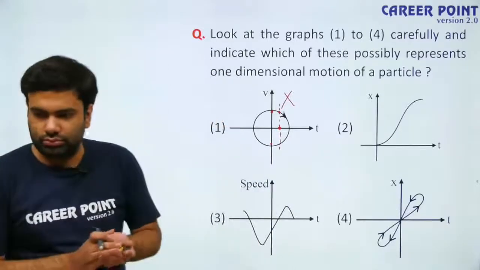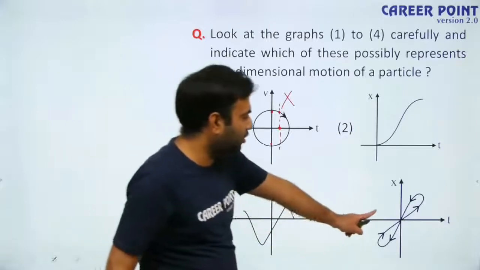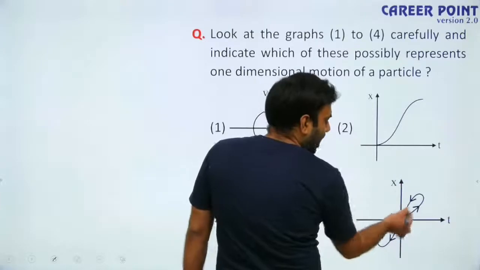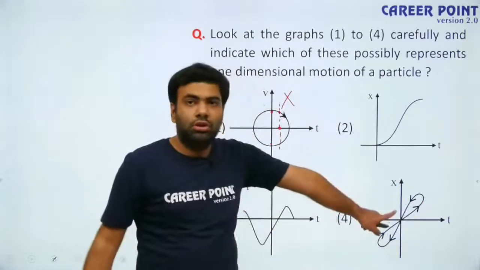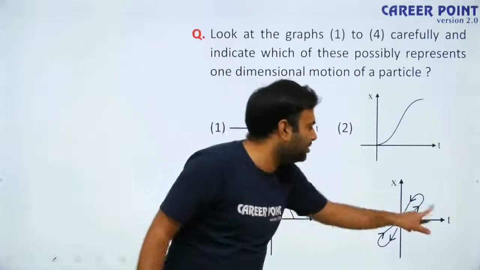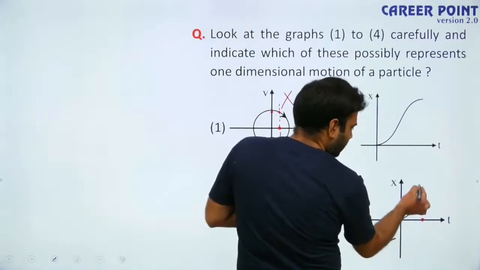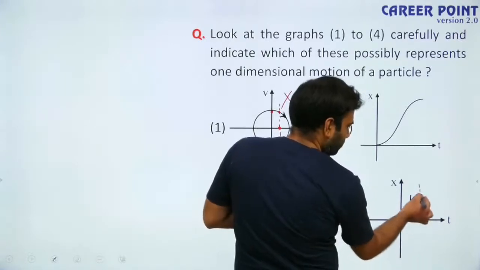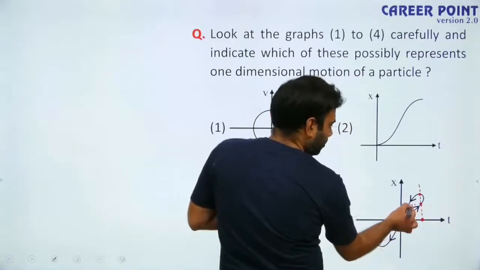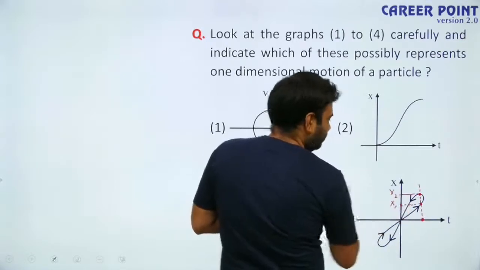Mohammed, think again. Again the same thing here in option 4. As the time is passing, the graph should give us the position of the particle. This is a velocity time graph, this is an x-t graph. x-t means it is a position time graph. At this instant of time, according to this graph, the particle is having two positions, x1 and x2.